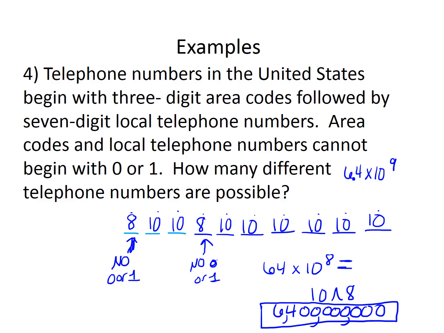But if it does give it to you in scientific notation, remember that the exponent just tells you how many places you move the decimal over. So you'd have to move the decimal over 9 places. 1, 2, 3, 4, 5, 6, 7, 8, 9. So you'd have to put in 8 zeros, if your calculator gives you that notation. But mine actually gave me this.